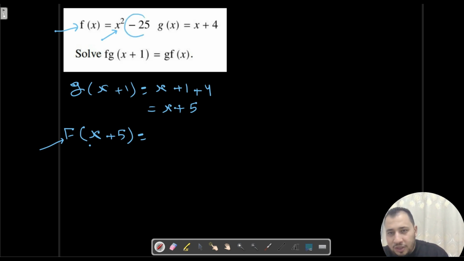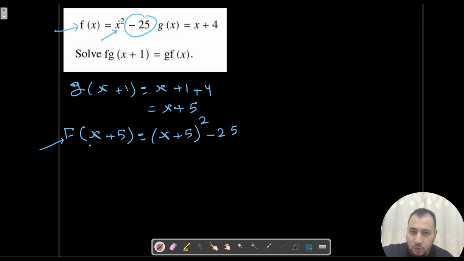And this minus 25 will remain the same after that. Okay, so this is going to be x plus 5. I'm substituting this x with x plus 5. So it's going to be x plus 5 all squared minus 25. Minus what? 25.